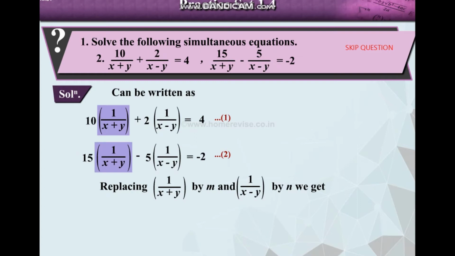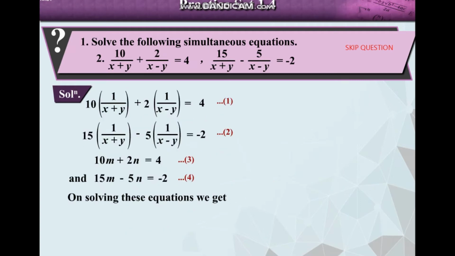Replacing 1 upon x plus y by m and 1 upon x minus y by n, we get 10m plus 2n is equal to 4. Equation 3. 15m minus 5n is equal to minus 2. Equation 4. On solving these equations, we get m is equal to 1 upon 5, n is equal to 1.